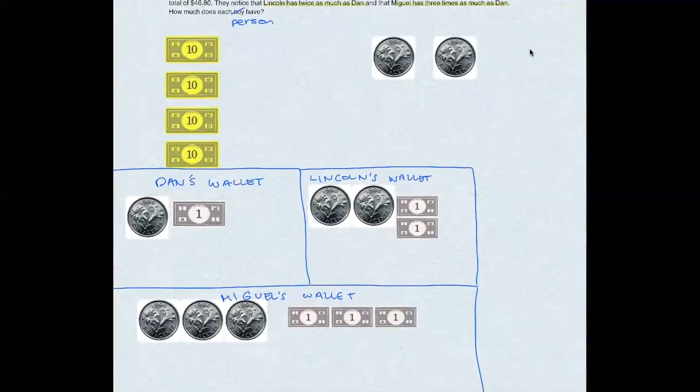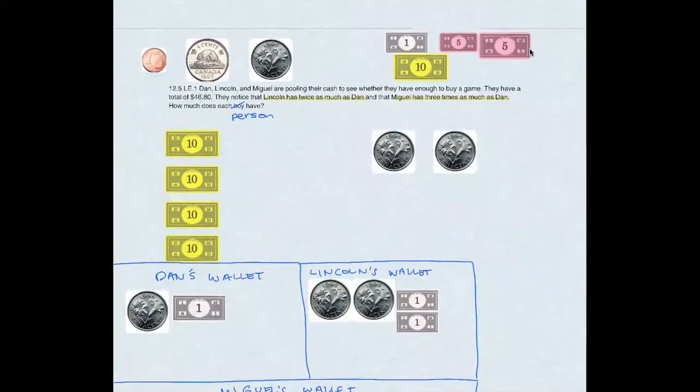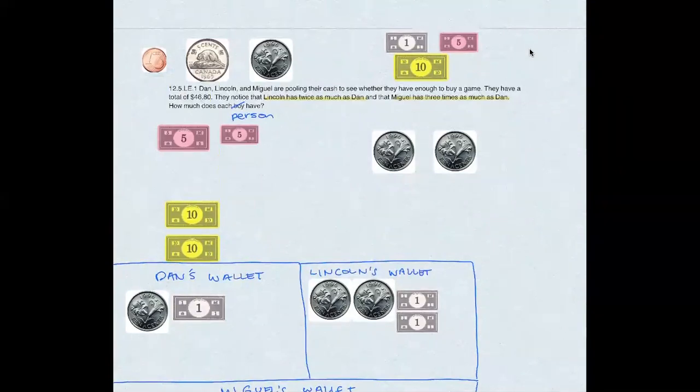All right. The next thing I think about is those $10 bills. I'm going to break them up into fives, because I know that I can manipulate and get six fives going. So I'm going to return one $10 bill and get two $5 bills, one and two. I'll return one $10 bill and get two fives, one, two. I'm going to go through this process again, trading out a $10 bill and getting a $5 bill.